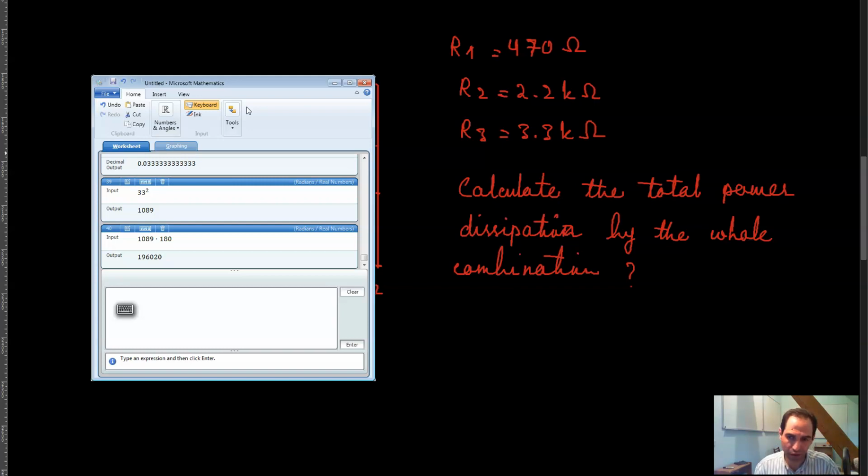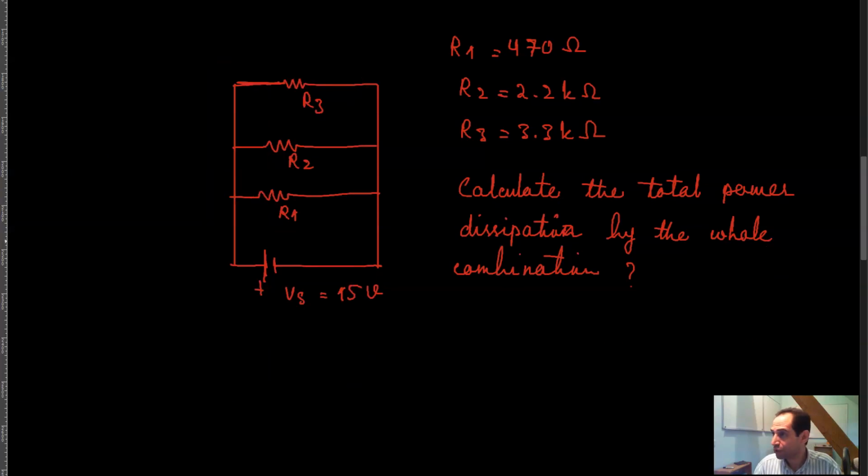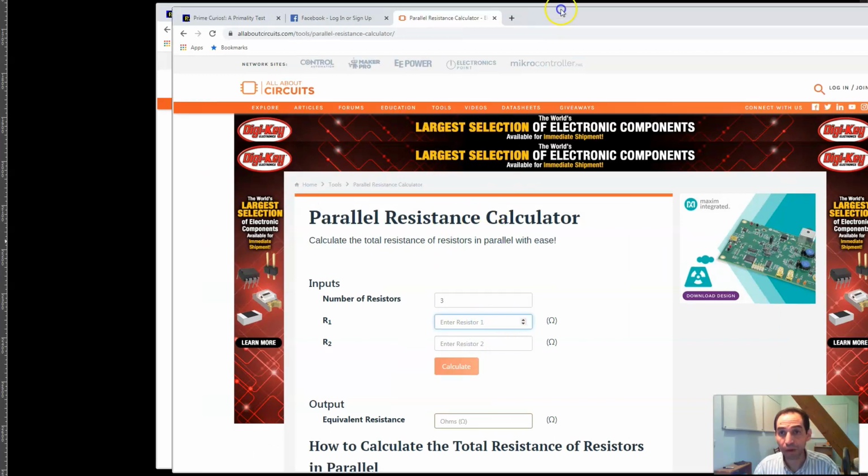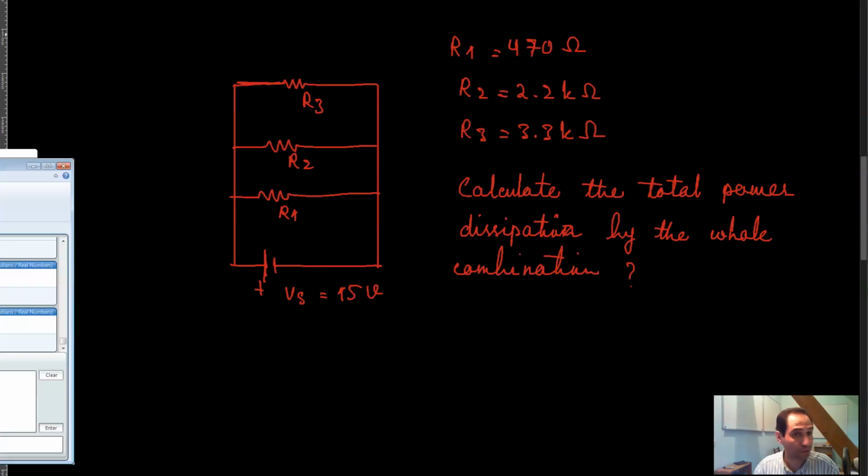You can just enter the resistors into that program, and it will give you the value. But this program is over here, and of course it's not always working properly. I'm going to use my calculator.